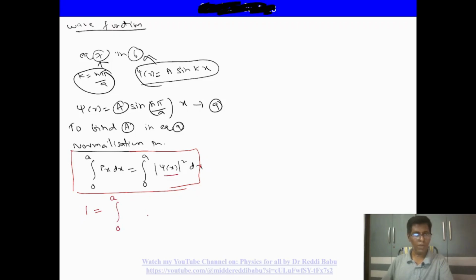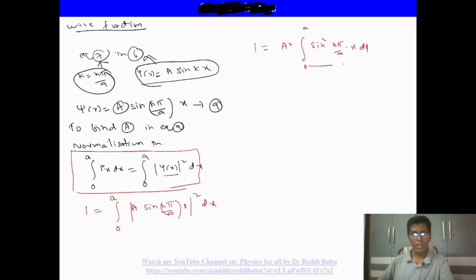In place of psi of x I am using equation number 9, that is A into sine (n pi by a) into x in modulus square into dx. Now A square is a constant, it comes outside. Left hand side 1 is equal to A square into integral 0 to a sine square (n pi by a) x dx.